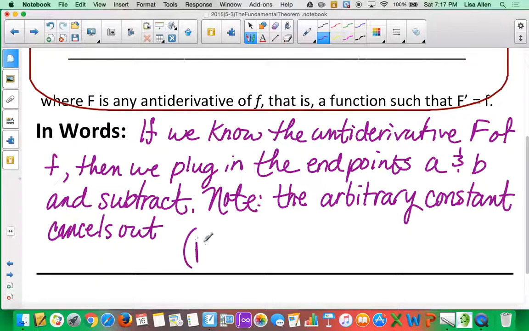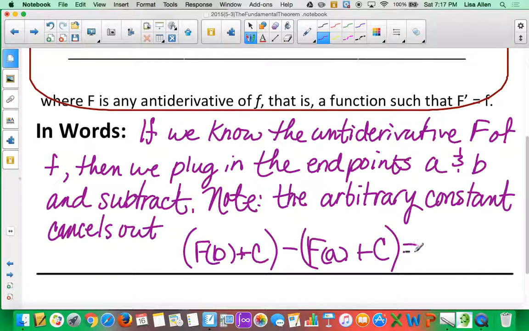We get F of b plus c, regardless of what the c is. It's then minus capital F of a plus c, which is just capital F of b minus capital F of a. C's cancel.